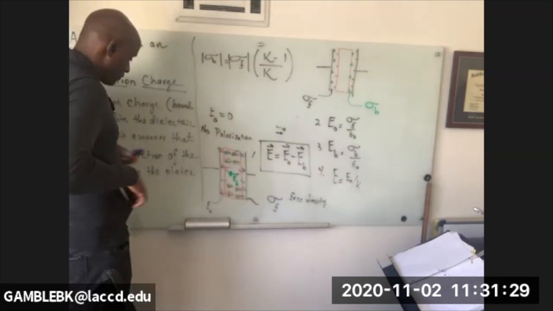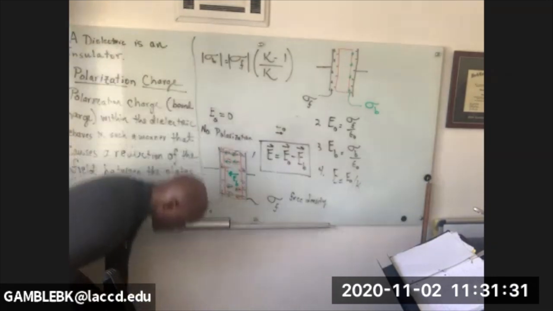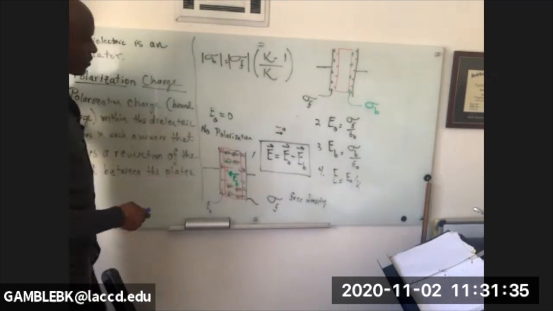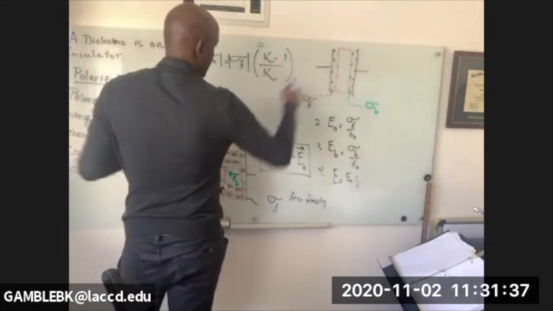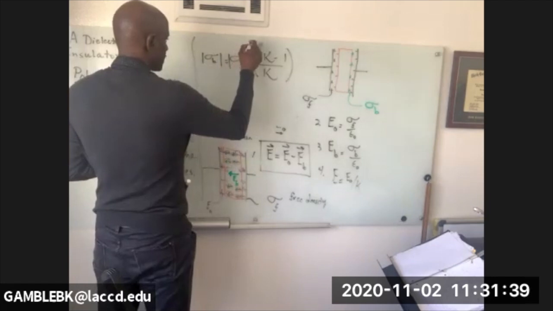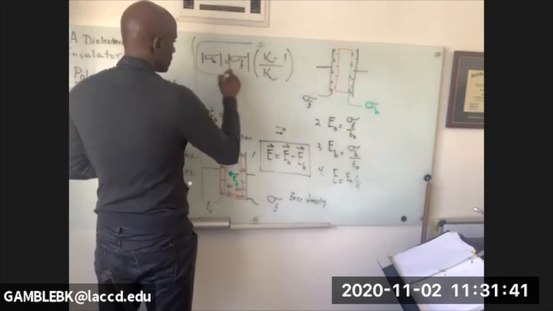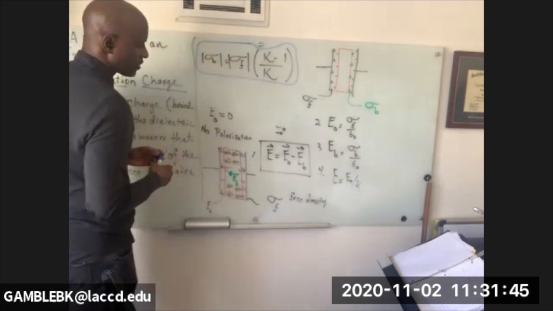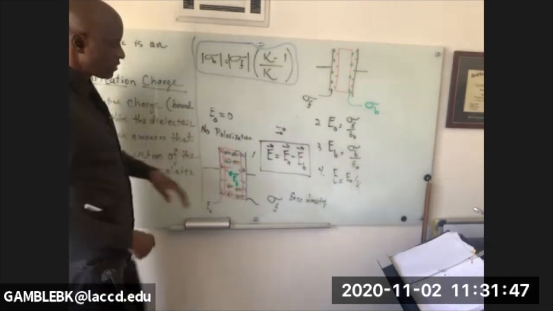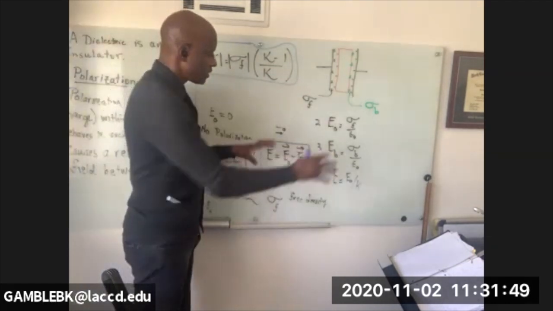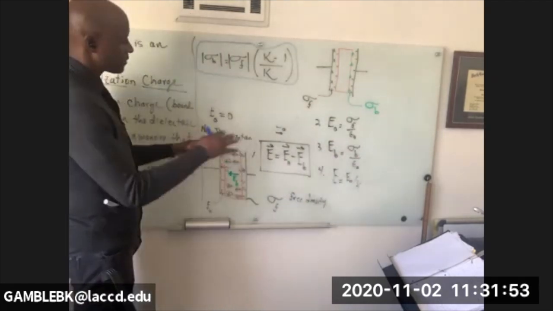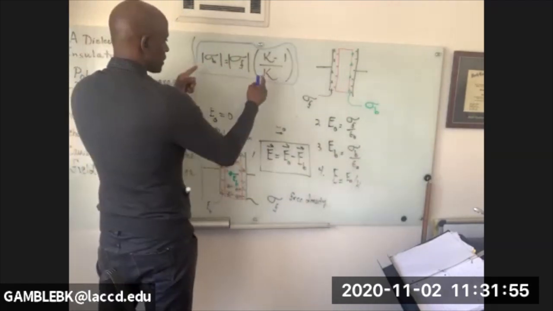And what it shows you is that you can never have as much bound charge as free charge. So this relationship shows that you will never be able to fully cancel the field by sticking a dielectric in. Because I've run out of time, I won't derive it. It only takes about 3 or 4 steps. But you take these equations and plug all this stuff in here, manipulate the algebra, and you can get this equation.